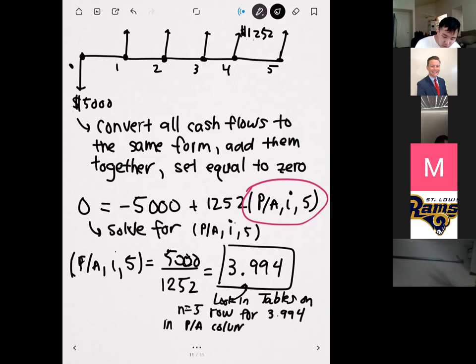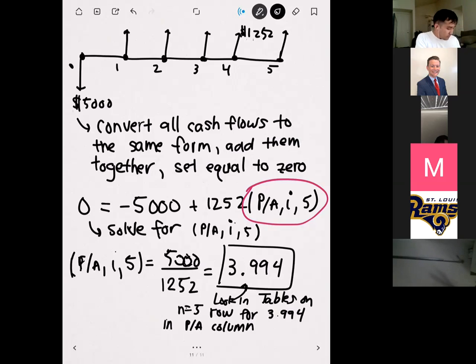You look in the P over A column and the N equal to 5 row, see what that factor is, and keep searching through all the tables until you find the one that's closest to 3.994. This is, of course, tedious, but it's one way to do it.